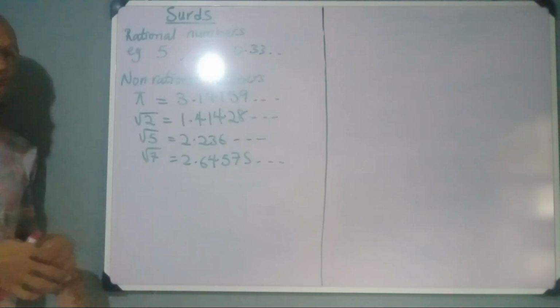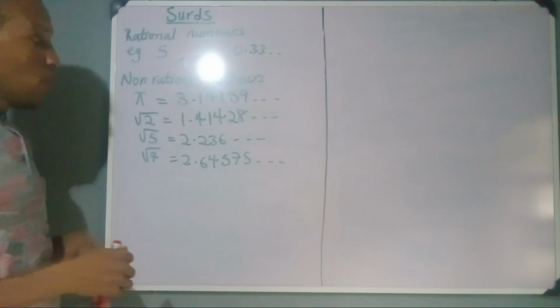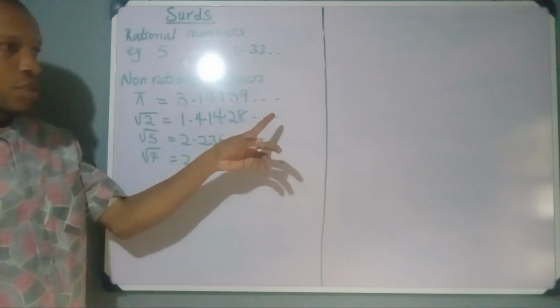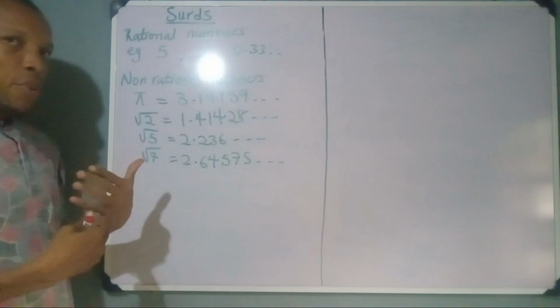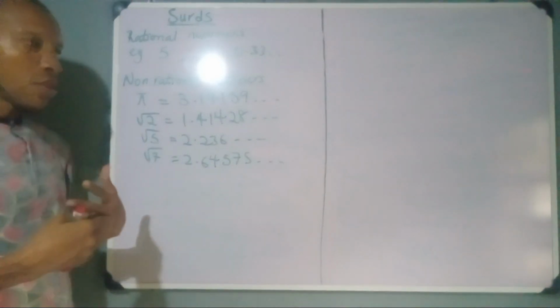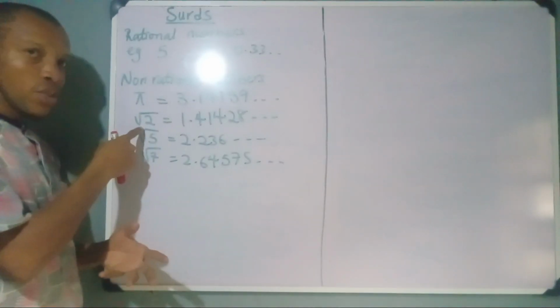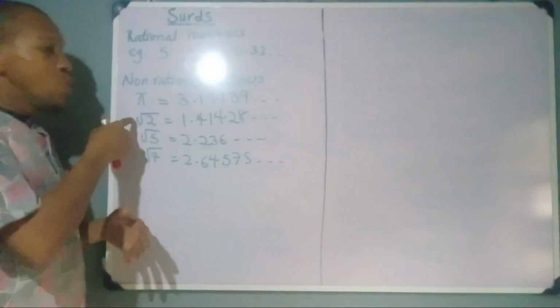Now, why do we need surds? Surds are important because they help us. Imagine trying to approximate this. Getting the approximate is good, but it may not always be very accurate. Sometimes it's better to carry out more accurate calculations using the surd form.